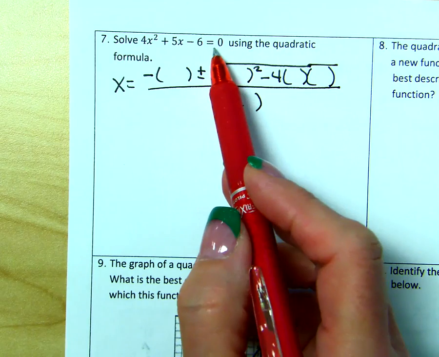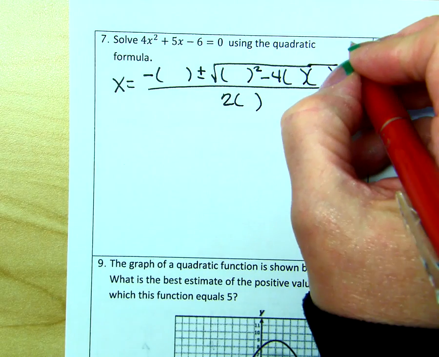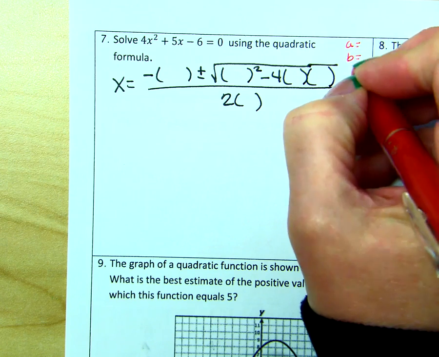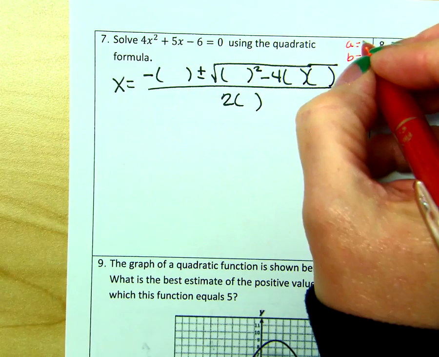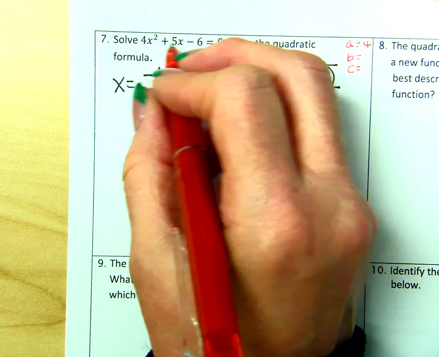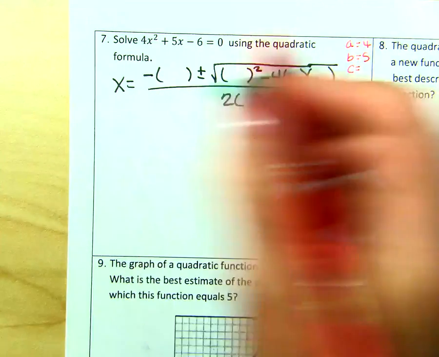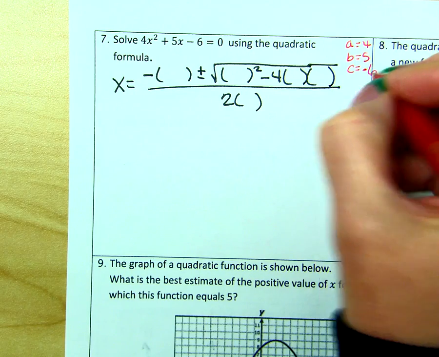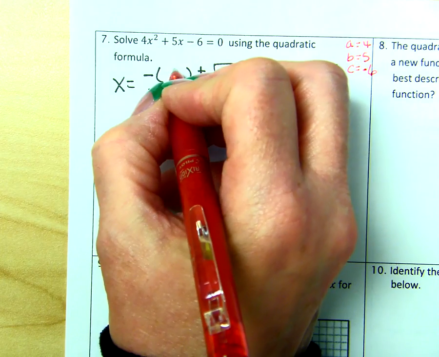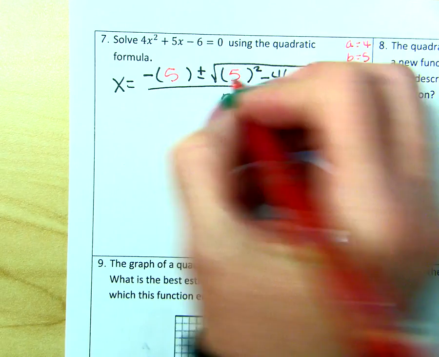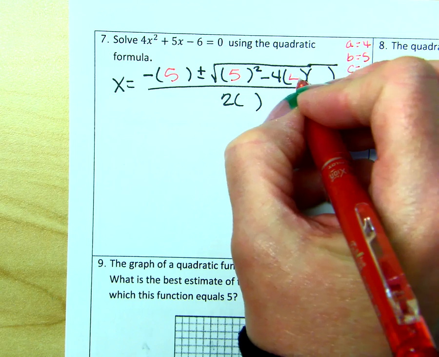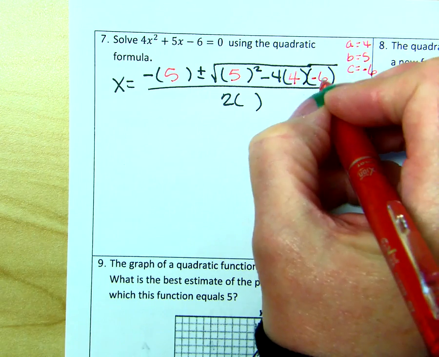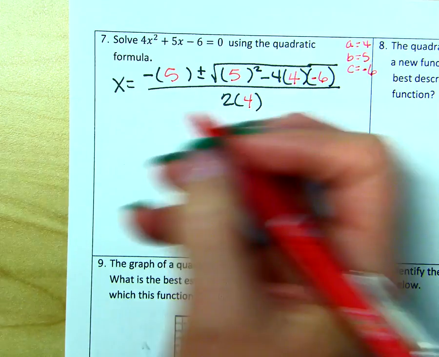So first off, we see that it is equal to 0, so I can identify my A, B, and C. A is 4, B is a +5, and C is a -6. So then we substitute these in here. -b plus or minus the square root of b squared minus 4 times A times C all over 2A.